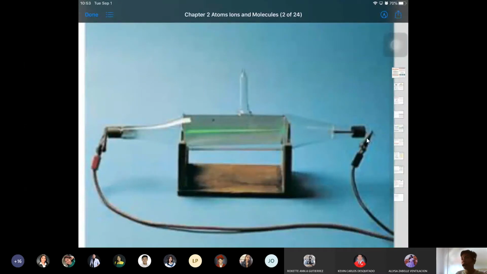So when he applied current to the metal, what happened is that a beam came from the metal itself. Something flew out of the metal when he electrified it, no? He thought, this means that our atoms consist of much smaller particles. That means there is something smaller than atoms, because when he electrified it, something flew out.